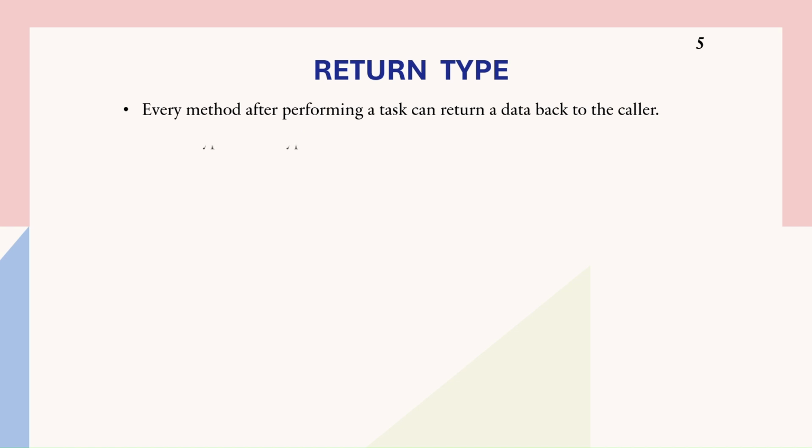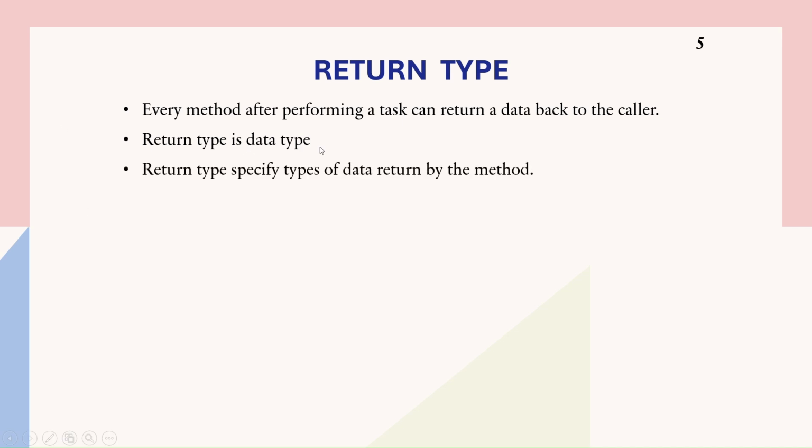That is called a return type. A return type is a data type. It specifies the type of data returned by the method. Means what kind of data your method will return is specified.